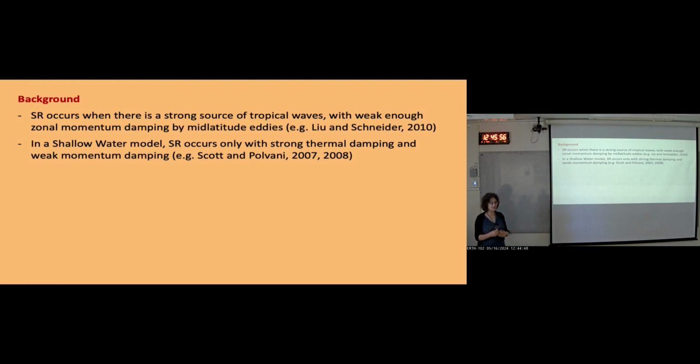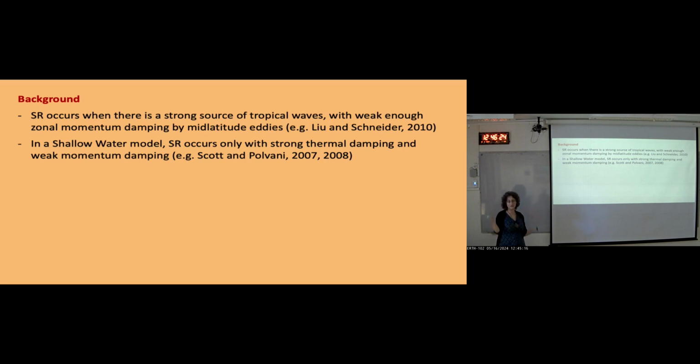To get super rotation, you need a momentum convergence somehow. In a shallow water model, it has to be by eddies mostly. And so you get strong superrotation when you have a source of tropical waves and the momentum damping is not strong enough. One source of damping is waves coming from mid-latitudes and damping the flow.